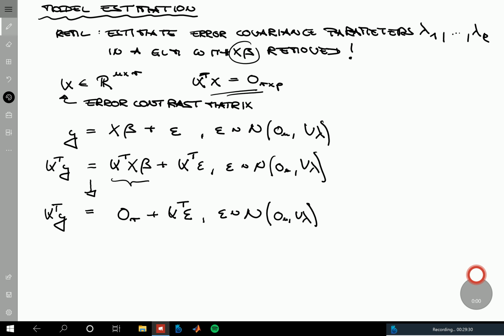So the important point here is that we define the matrix K such that if it's multiplied with the design matrix, we get the 0 matrix in this transformed GLM. So this is the transformed GLM. There are no beta parameters.